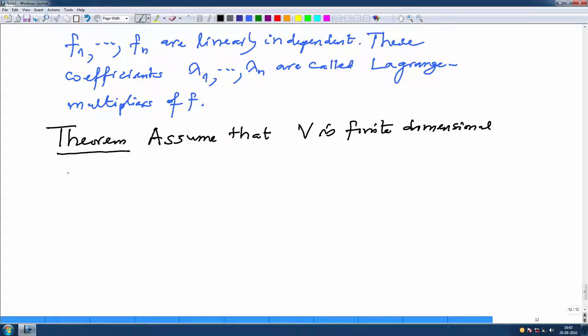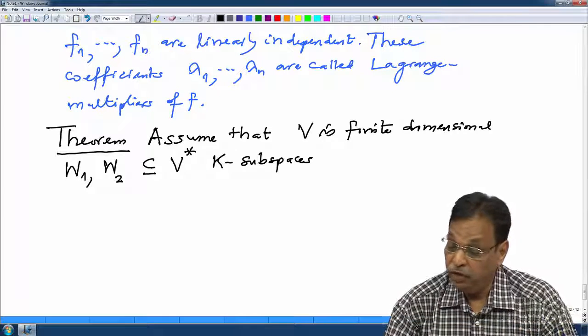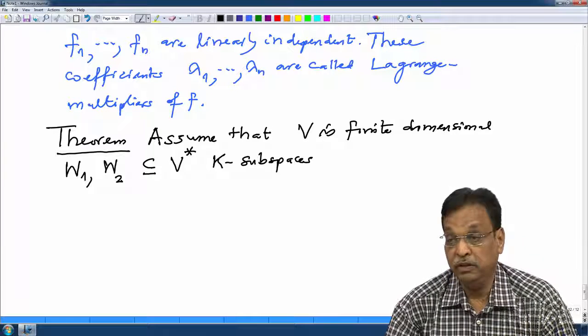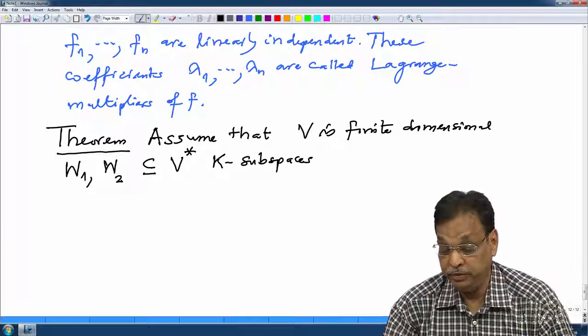And W1, W2 are two subspaces of V star, K subspaces. As I said in the beginning of the last lecture, normally these correspondences work very well when you assume V is finite dimensional, because then V star is also finite dimensional.